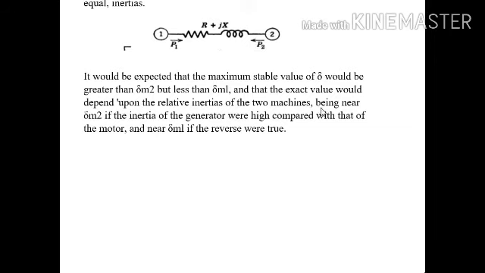Then what will it be? It would be near delta M2 if the inertia of the generator were high compared with that of the motor, and it will be near delta M1 if the reverse were true. That means if the motor inertia is greater than the generator inertia.